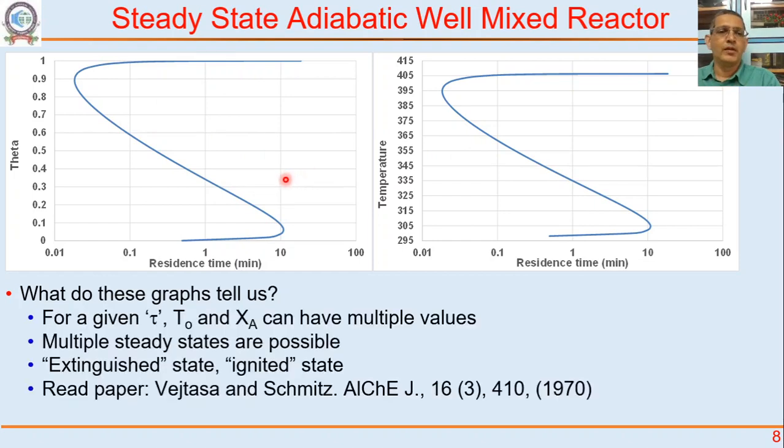First thing is, for a given tau, outlet temperature and XA can have multiple values. If residence time is, let's say, 1 minute, theta can be close to 0, theta can be 0.35 or something like that, or theta can be 0.99.